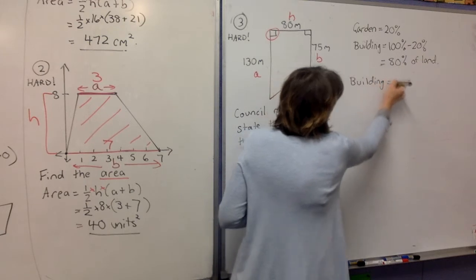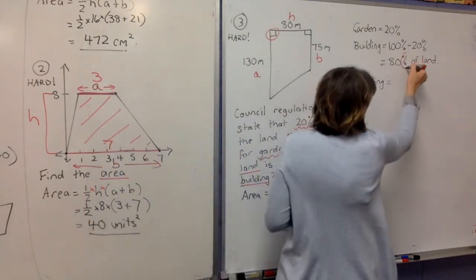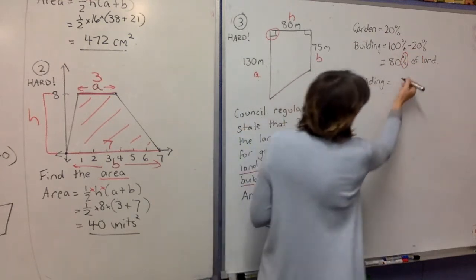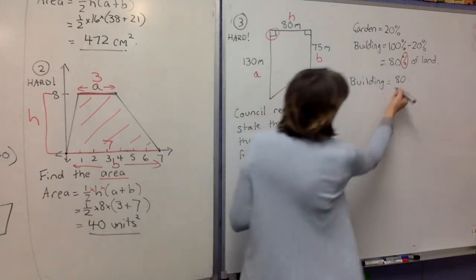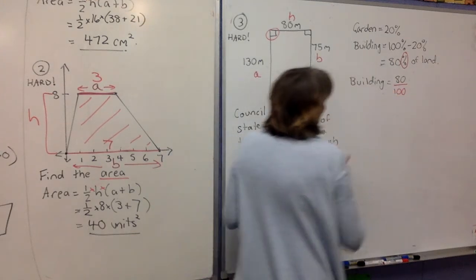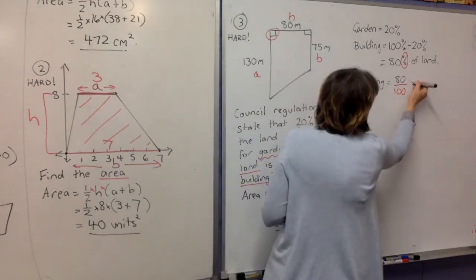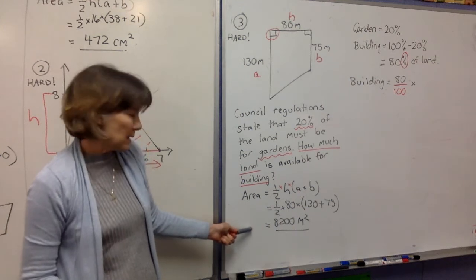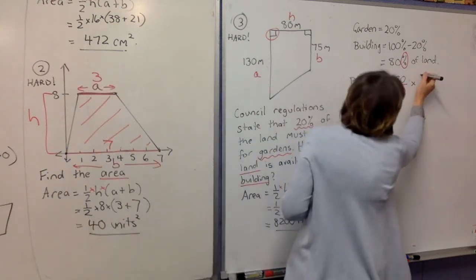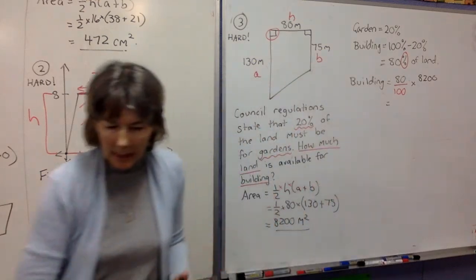So 80% is 80 out of 100. Right? That percent symbol means 80 out of 100. If you get 80% in a test, you've got 80 out of 100. And we want to get 80% of, which means times, the area of the land, which we just worked out, 8,200. Now we're going to go to our calculator and work that out.